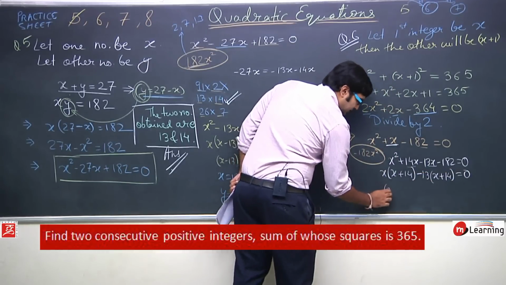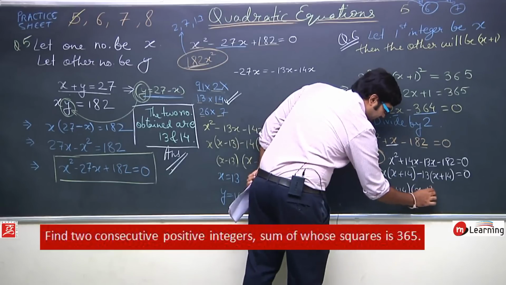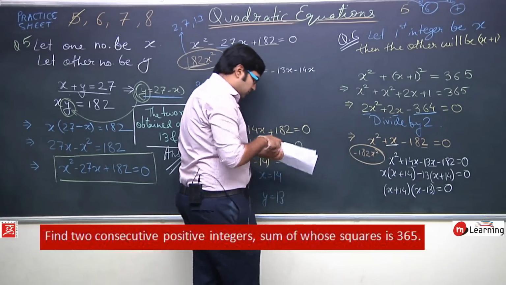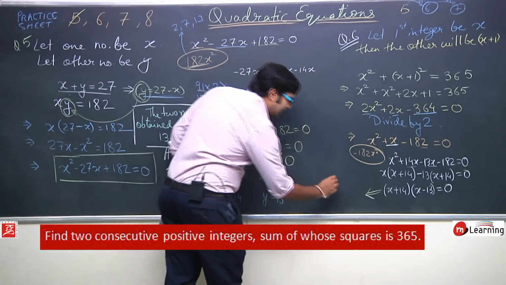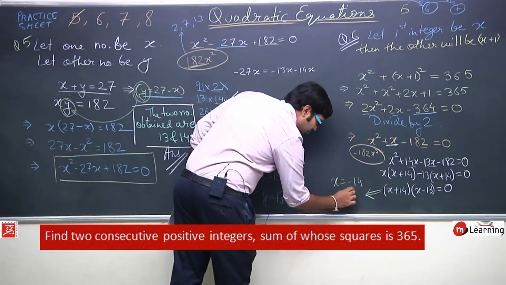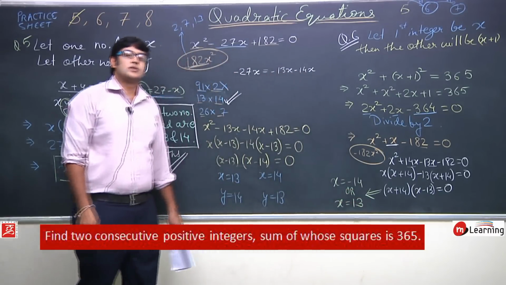So it will give you (x + 14)(x - 13) equals 0. Now what can I deduce from this relation? This relation will give you that x is equal to either minus 14 or x is equal to 13.